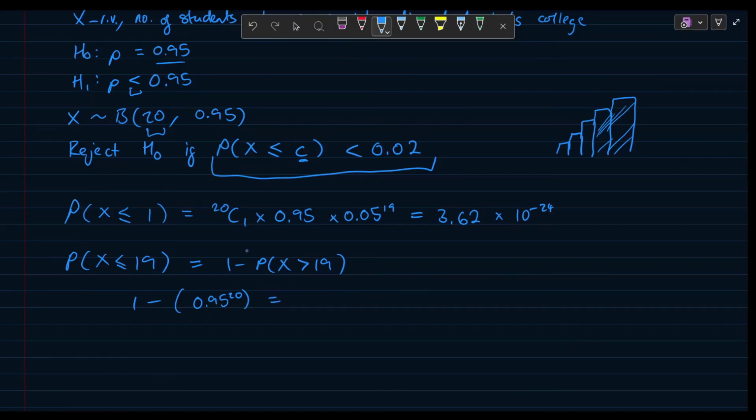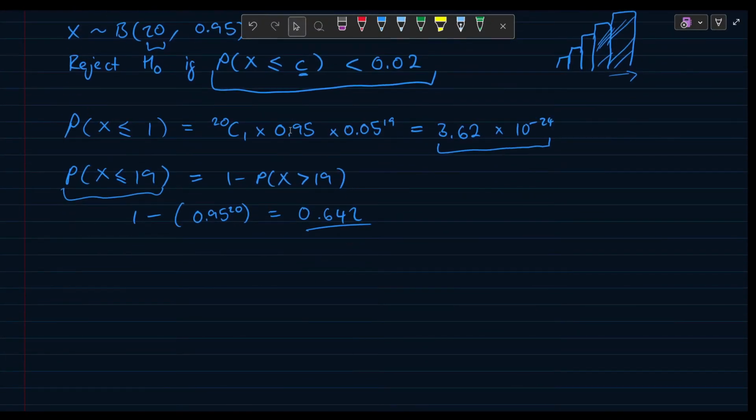That's 1 minus 0.95 to the power 20, and this here is 0.642. Okay, so it means that maybe we're now getting closer. This is much closer to 0.02 than this 3.62 times 10 to the negative 24. So it does mean that the bulk of our area is going to be on the right side of our distribution. Since we want a smaller probability than this 0.642, let's reduce the value of C.